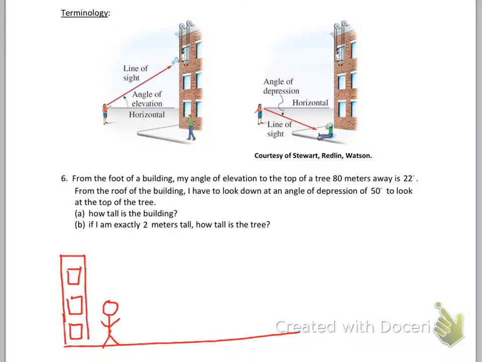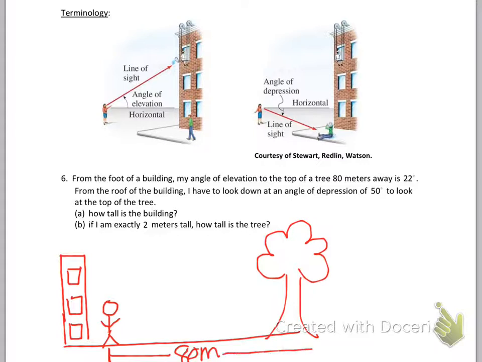So over here is a tree. I'm 80 meters away, so from this point to the tree is 80 meters. Then looking at the top of the tree, my angle from my level of sight is 22 degrees.